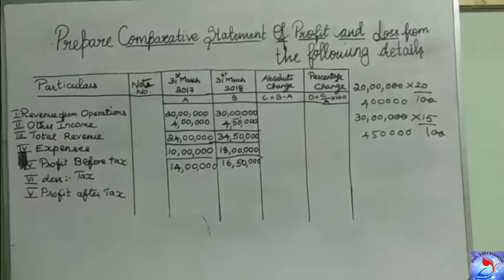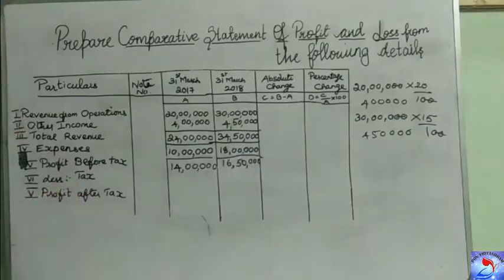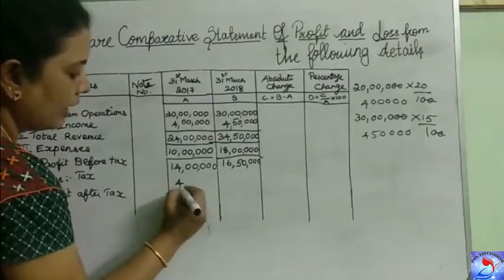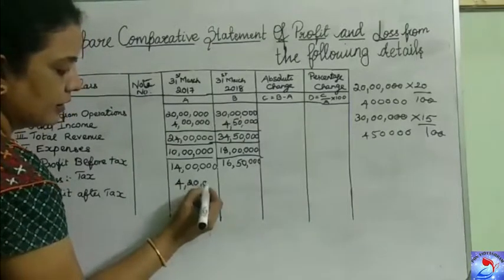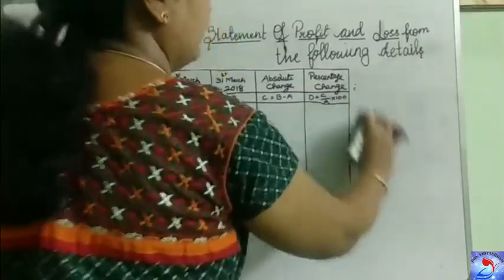So 30%, you have to find 30% of 14 lakh and of 16 lakh 50,000. So 30% of 14 lakh is 4 lakh 20,000. If you have doubt, you can work it out in your rough column.